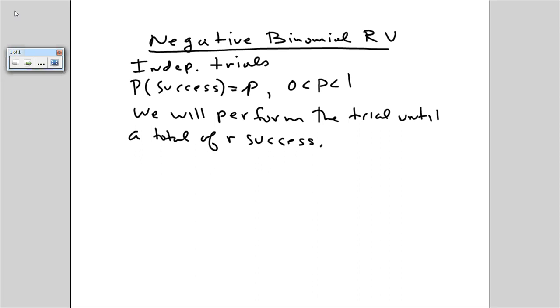We will stop exactly after R successes. Now, this is similar to the geometric one, where we stopped after the first success. Now we're going to stop after the rth success.